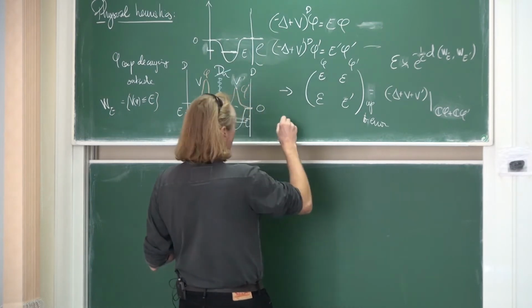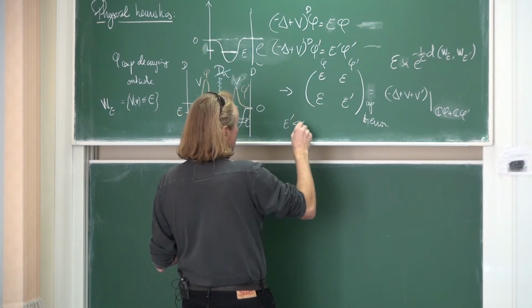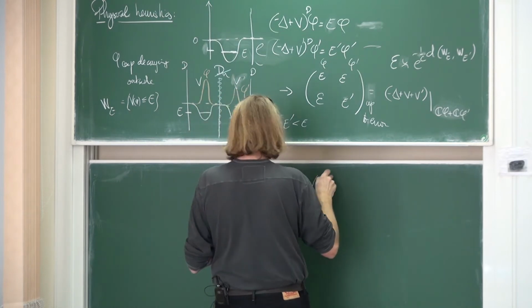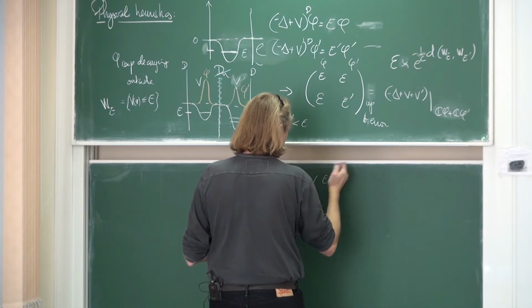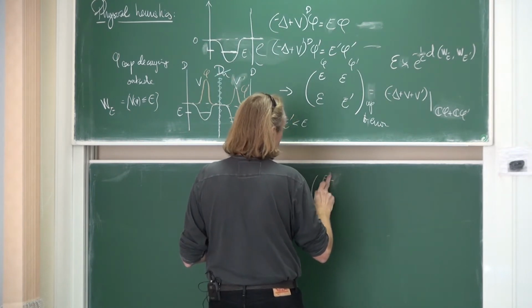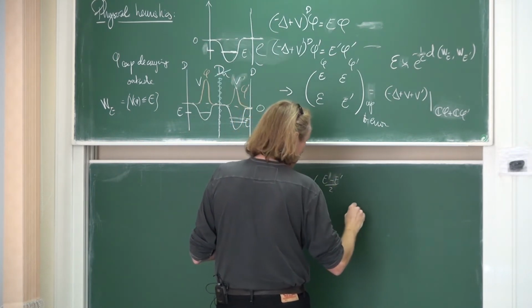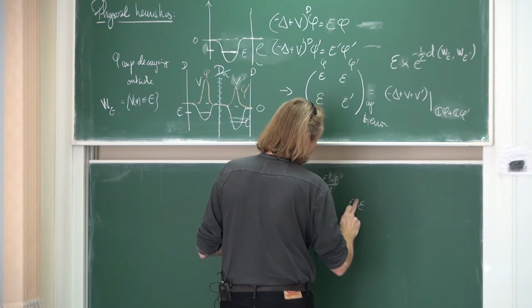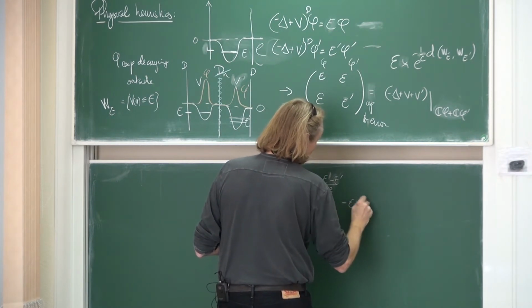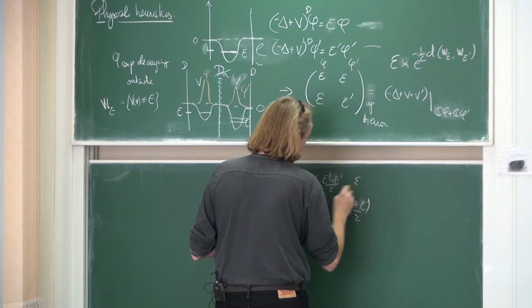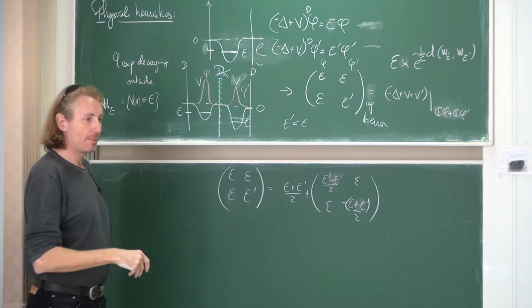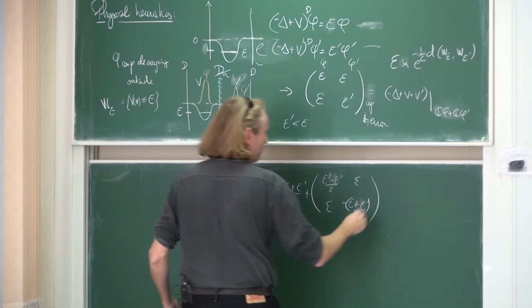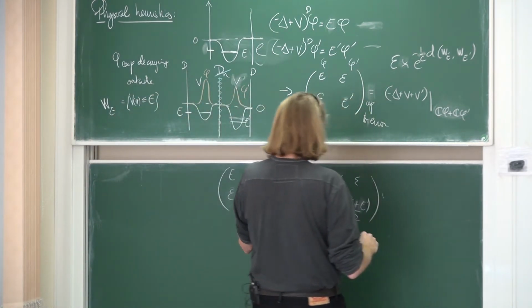Let's assume, as in my picture, that E prime is less than E. So E minus E prime over 2, plus or minus E minus E prime over 2 times epsilon. So this is the identity, I just write a scalar, and so we are just looking at a matrix.